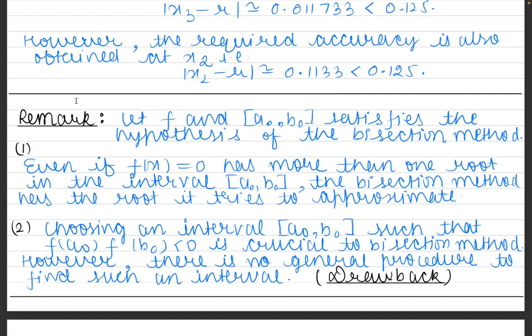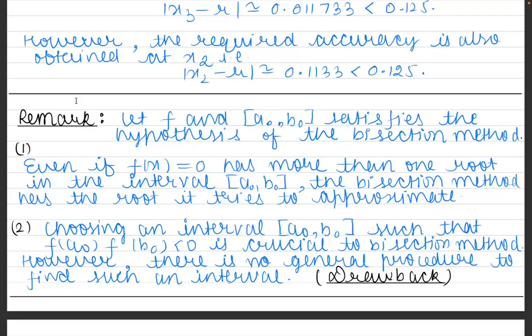Choosing an interval a naught comma b naught such that f of a naught times f of b naught is negative. We know it is very crucial to bisection method. It is very important to find such an interval, right?